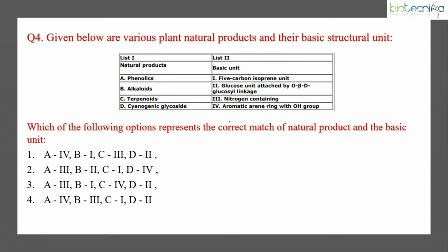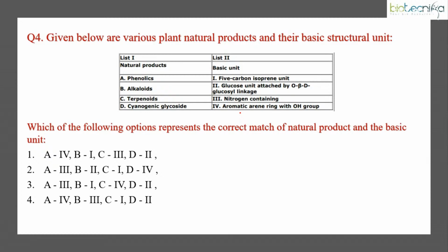So identify the correct combination from the given options. See, it is not simply the secondary metabolite function aspect that is important, but at the same time their structural feature is also equally important. And this was a recent question in the CSIR NET exam.